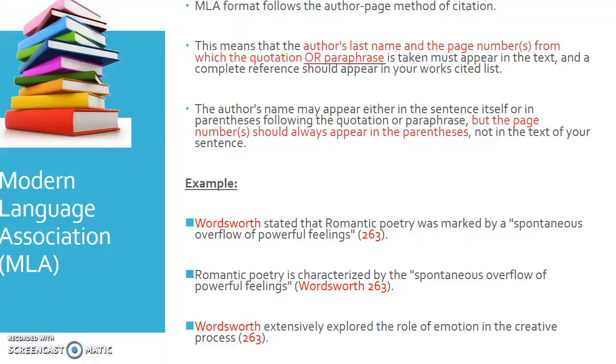That is non-negotiable. You will lose major points if you do not have both. Now remember, in-text citations is where you are putting the evidence in your paper and citing where you found it. So we're going to go over the most common examples today.